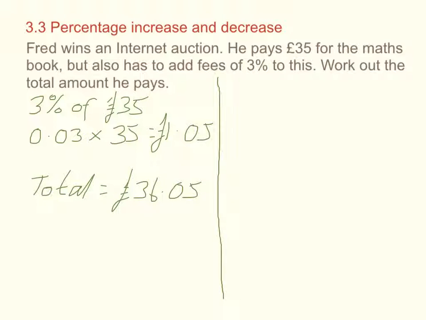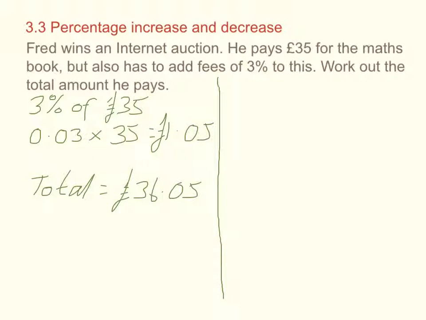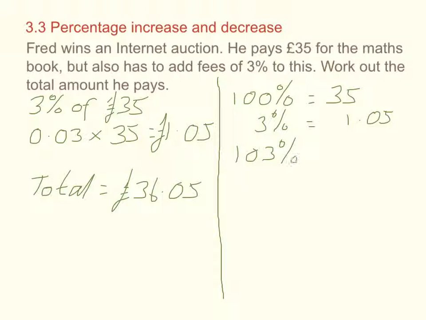and 5 pence. Another way to look at this is to say, well, 100% is £35, 3% is £1 and 5 pence, and if I add these together, I actually want 103% of my original amount.